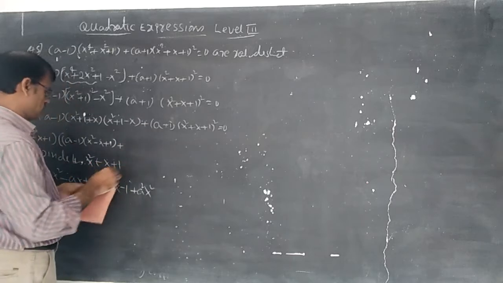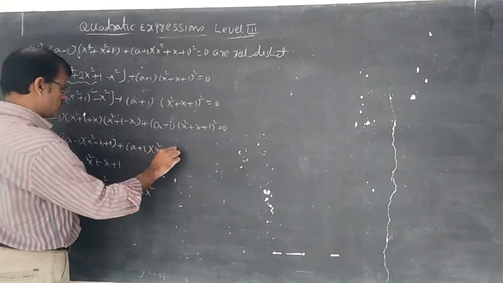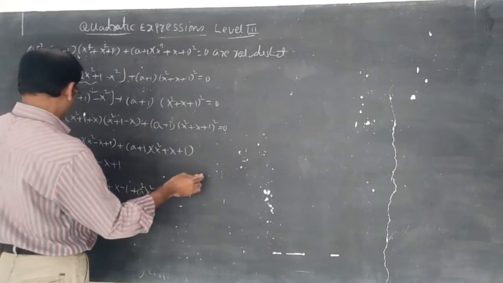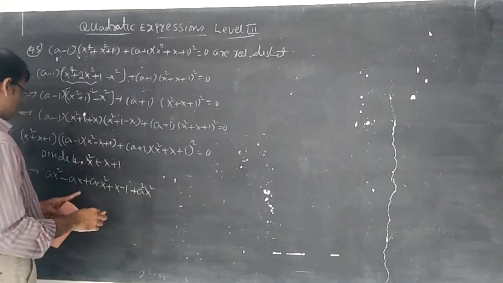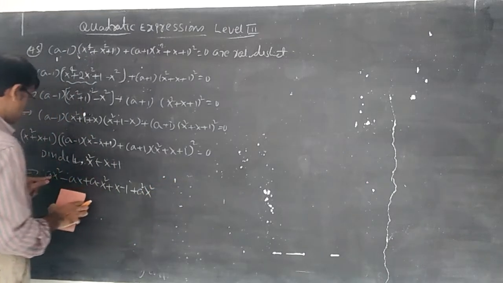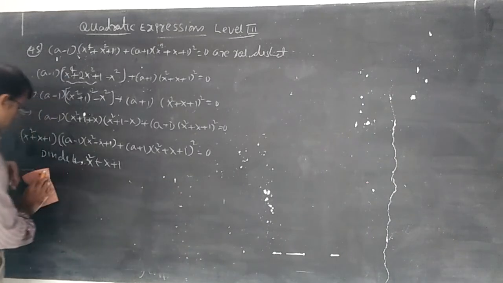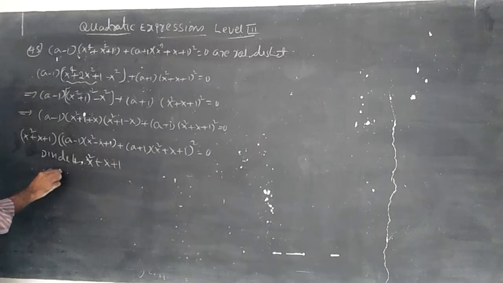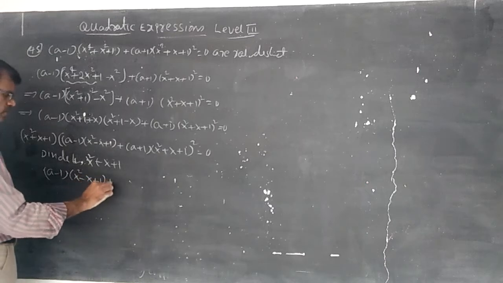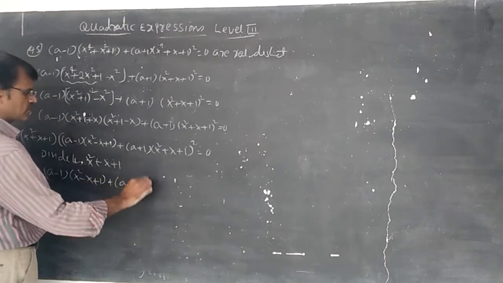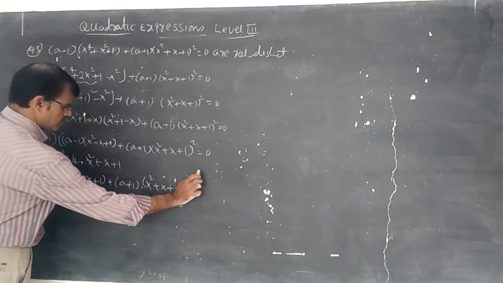Whenever divided by x square plus x plus 1, we can write as the next step: (a minus 1) into (x square minus x plus 1) plus (a plus 1) into (x square plus x plus 1) equal to 0.